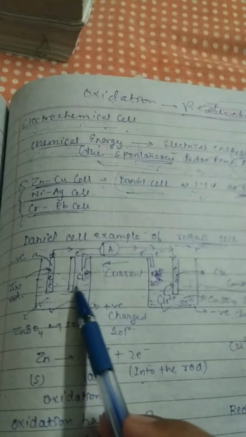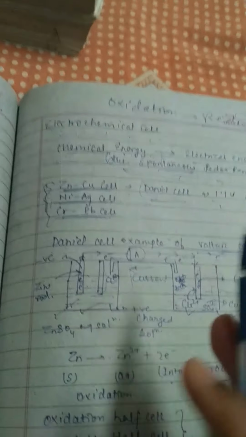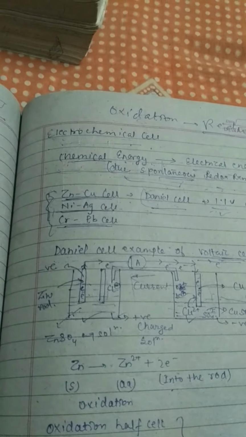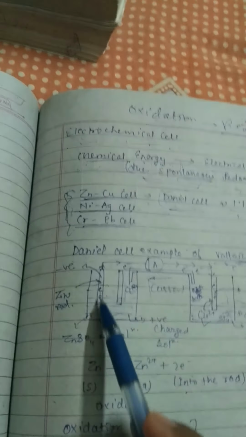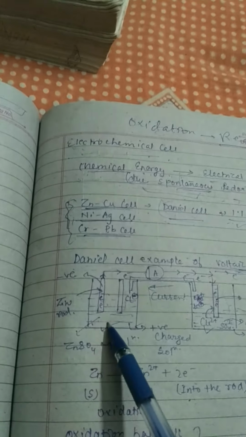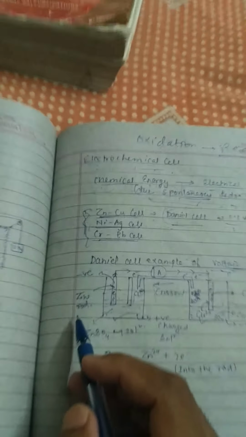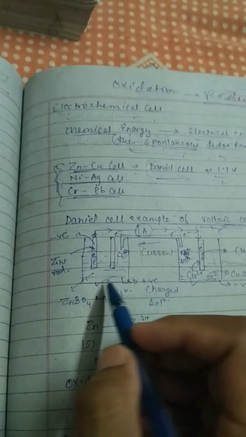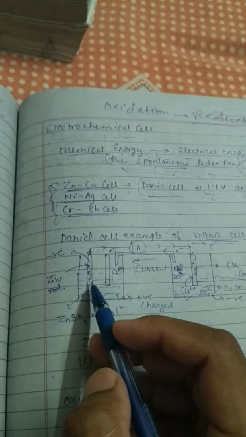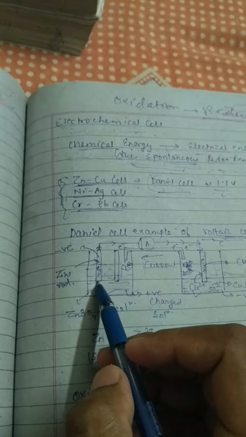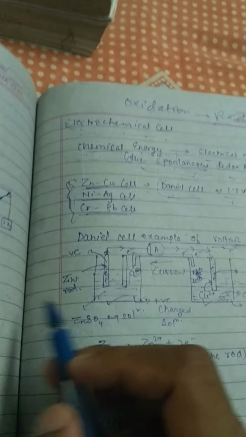Now we can pass the current through it. When the current flows, zinc will ionize to Zn2+ ions and SO4 2- ions.